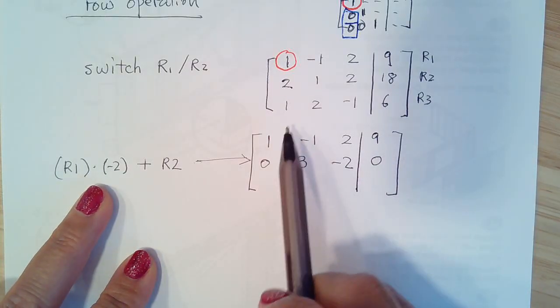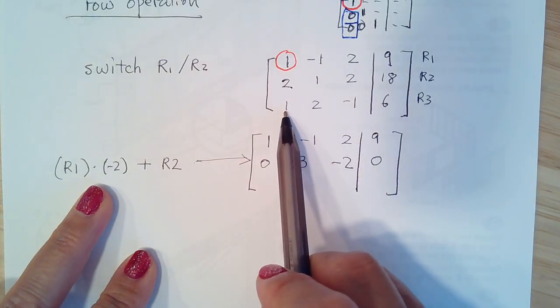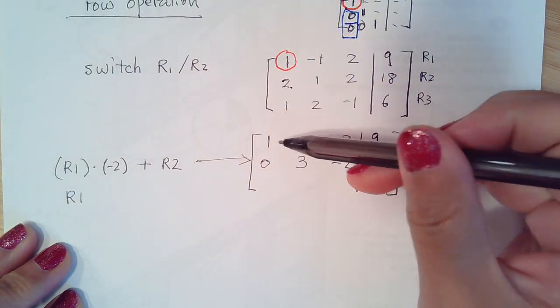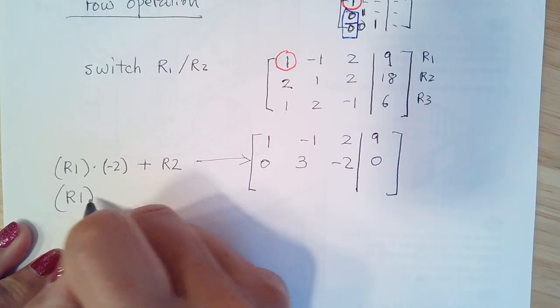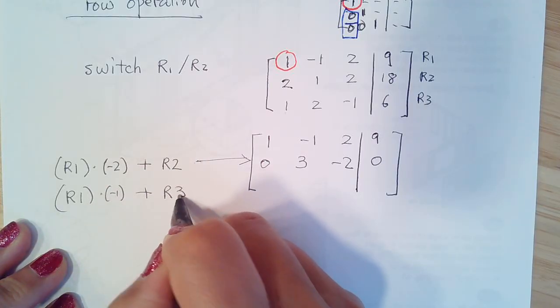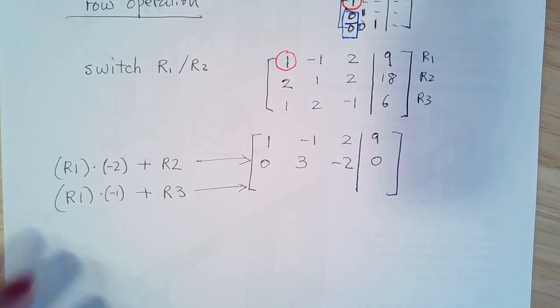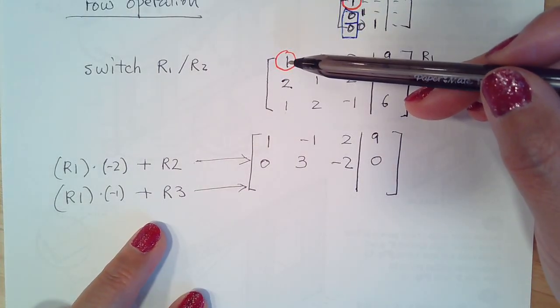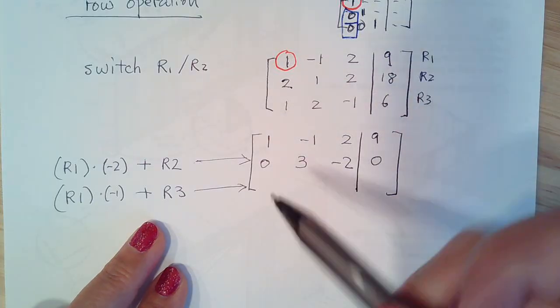Okay? And then you want this guy to be 0. So what you're doing is you use your R1, the one you already have, times -1, and then you add to R3. That becomes your new R3. So which means you're using this one, multiply by -1, add to it.